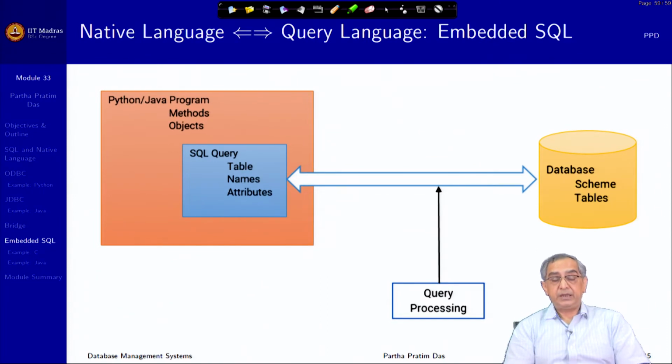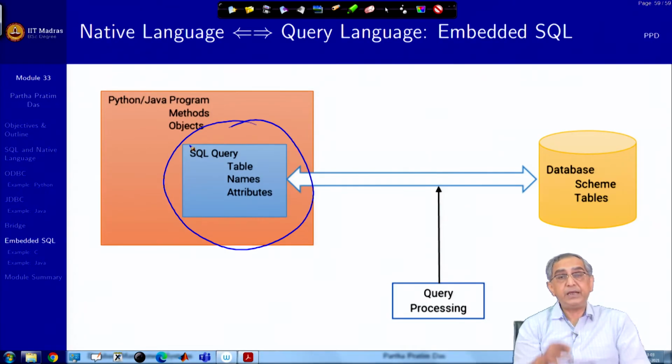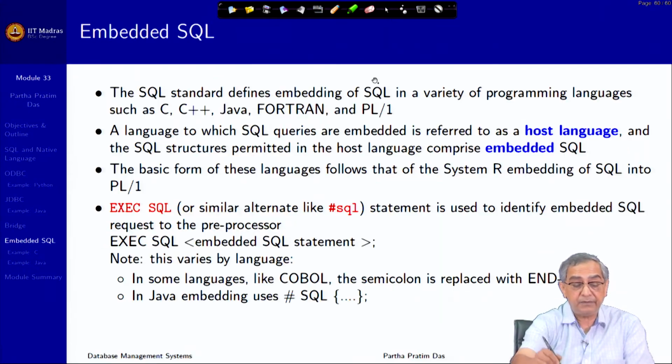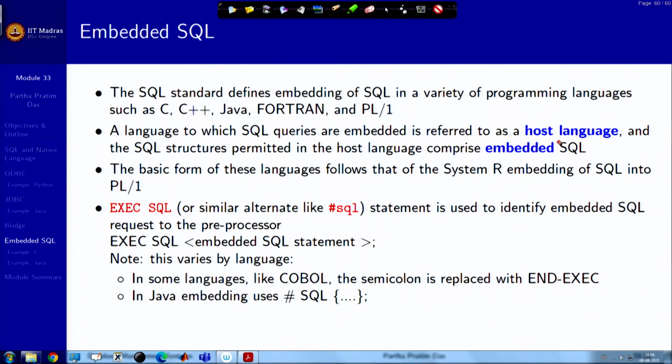Next, what we see is the embedding view, where you do a different thing. You put the SQL query as a part of your source language and let the whole thing be handled in the query processing itself. So, for that you need to say that you execute a statement. You have a host language, say Python or Java or C++, and in that you want some unique way to say that this part is SQL.